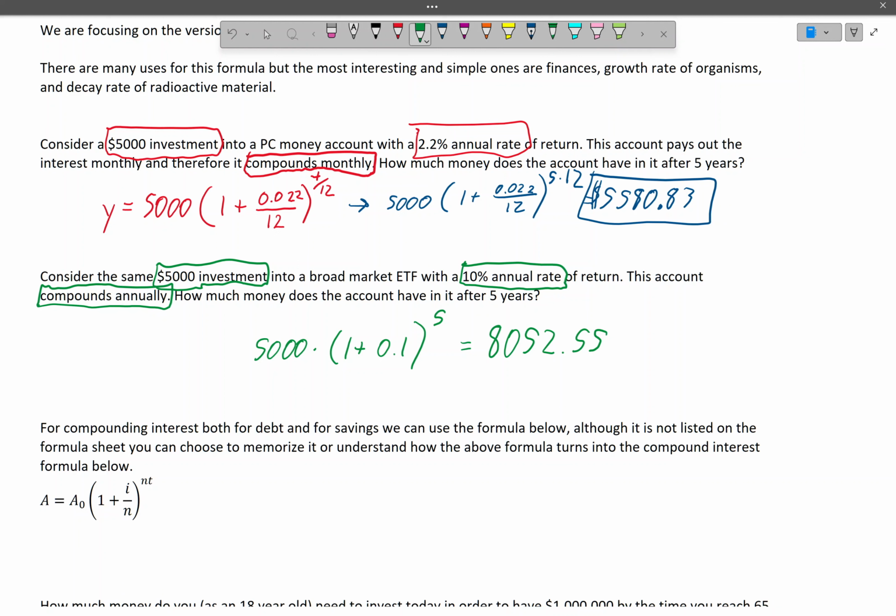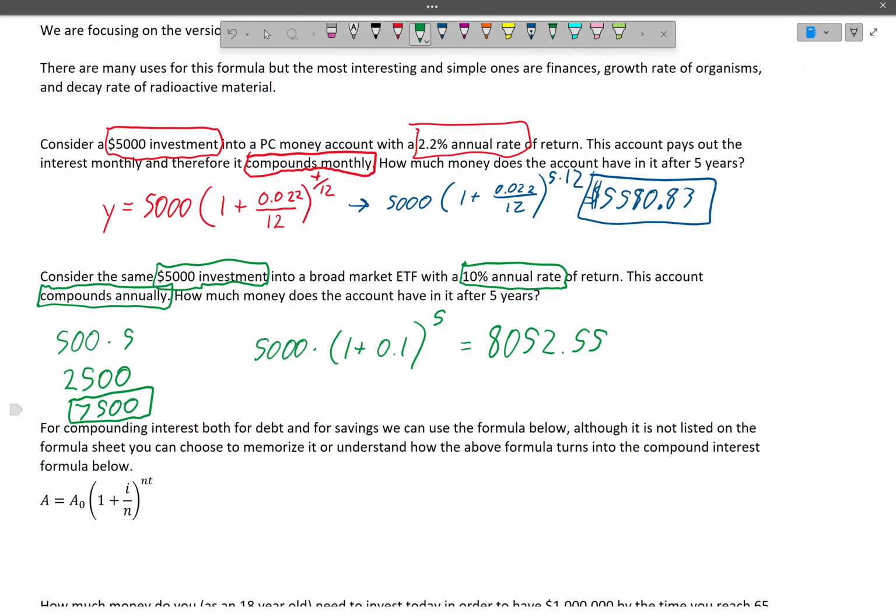If you're just thinking simple interest, if we got 10% of $5,000 per year, we should be getting that much extra, right? With a simple interest formula, we would expect at the end of the day to have $7,500 in the bank account.